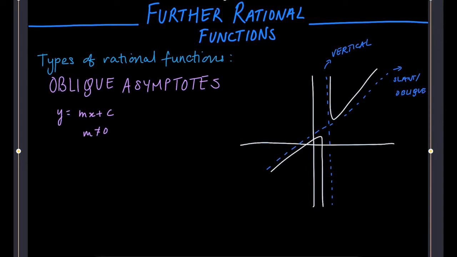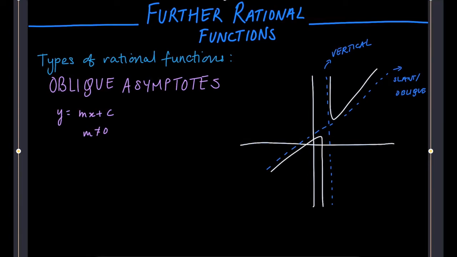But if you do not have a calculator to graph your rational function, and it does include an oblique asymptote, what you can do is divide the two polynomials.